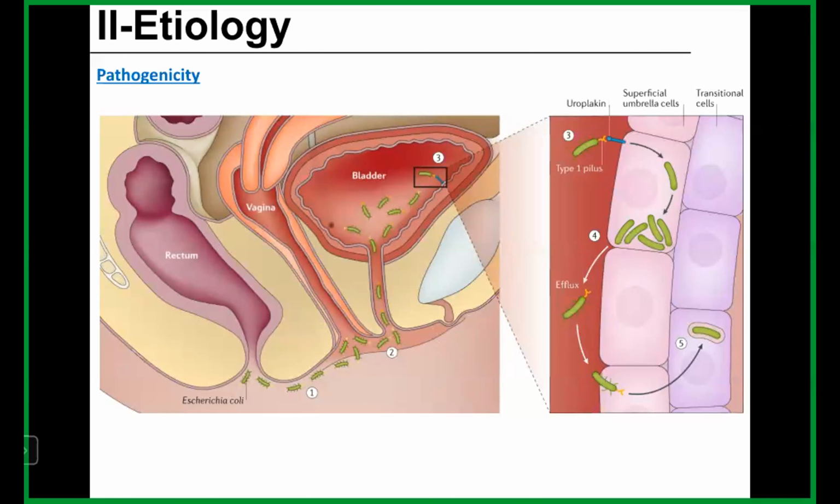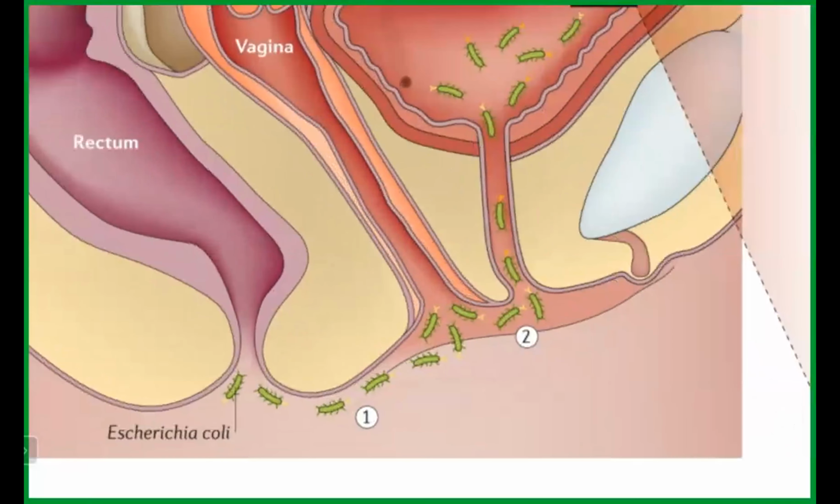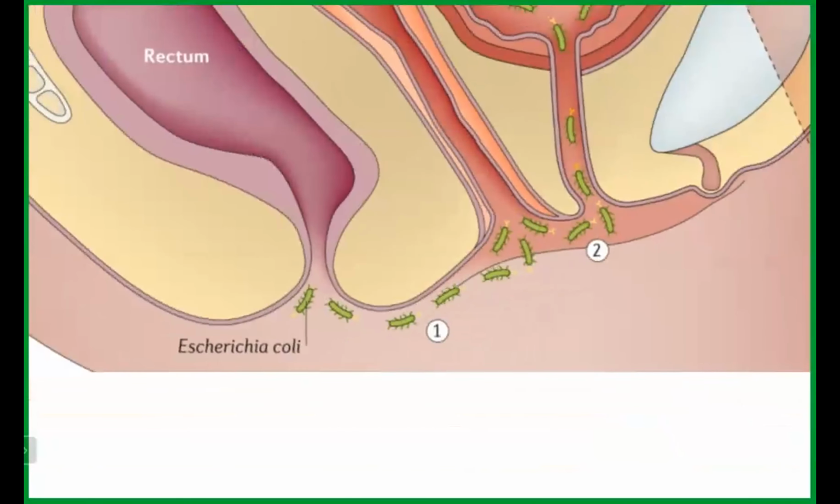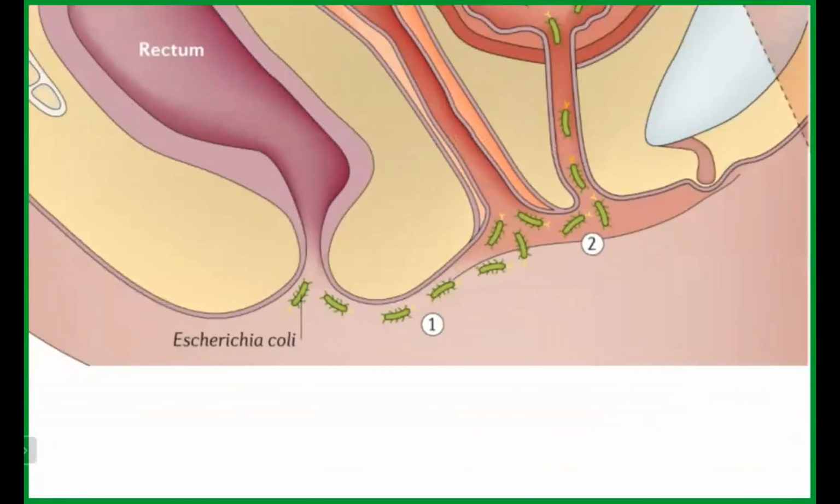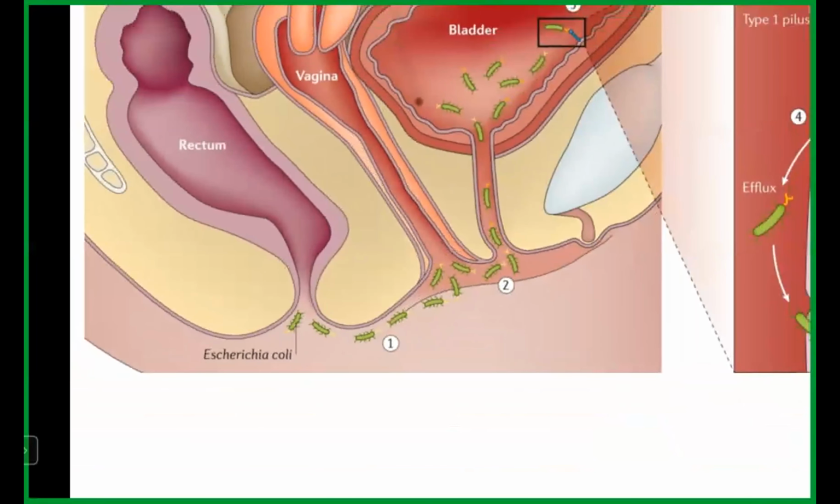How is the pathogenicity? It is important also to know, as you see in this picture. Here is the rectum and the anus. Let me zoom out. The best example is Escherichia coli. The bacteria is in the anus region, so the bacteria move.